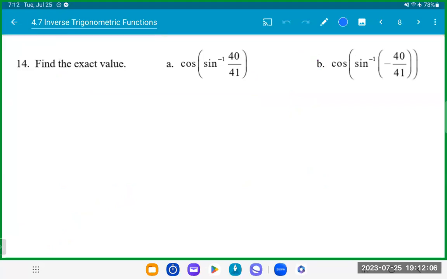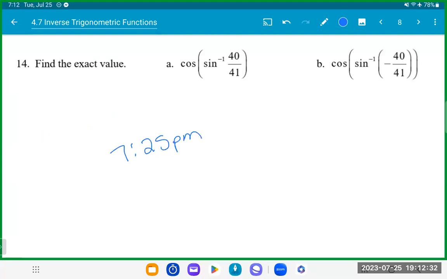Okay, so now what happens when we don't have sine up against sine or cosine up against cosine? All right, so actually, let's take a 10-minute break. It's 7:15, let's come back at 7:25.